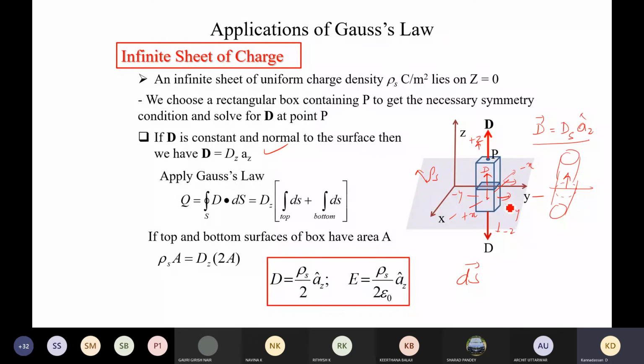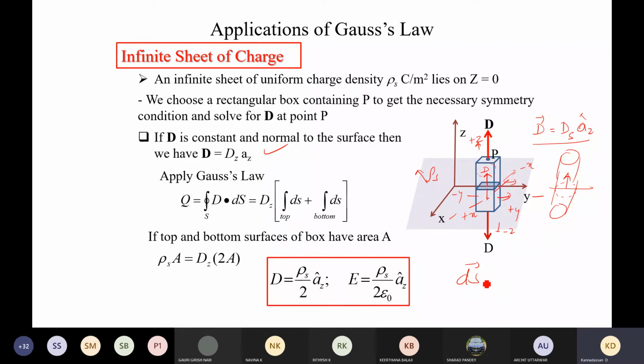There are about 6 faces for this cubic structure, and therefore that many areas are available. But we know that the D vector is defined only in the perpendicular direction along the z direction. So in the other directions, the dot product will result in 0 only.